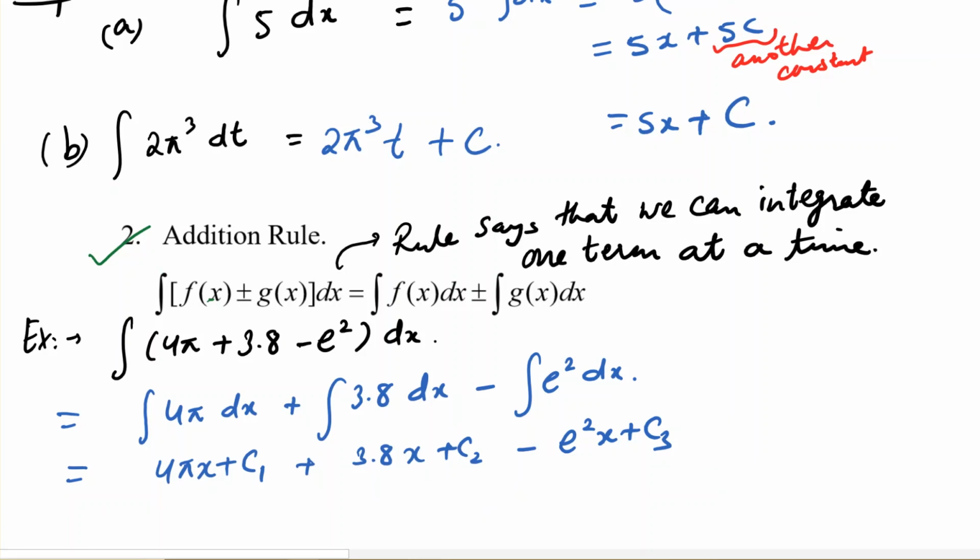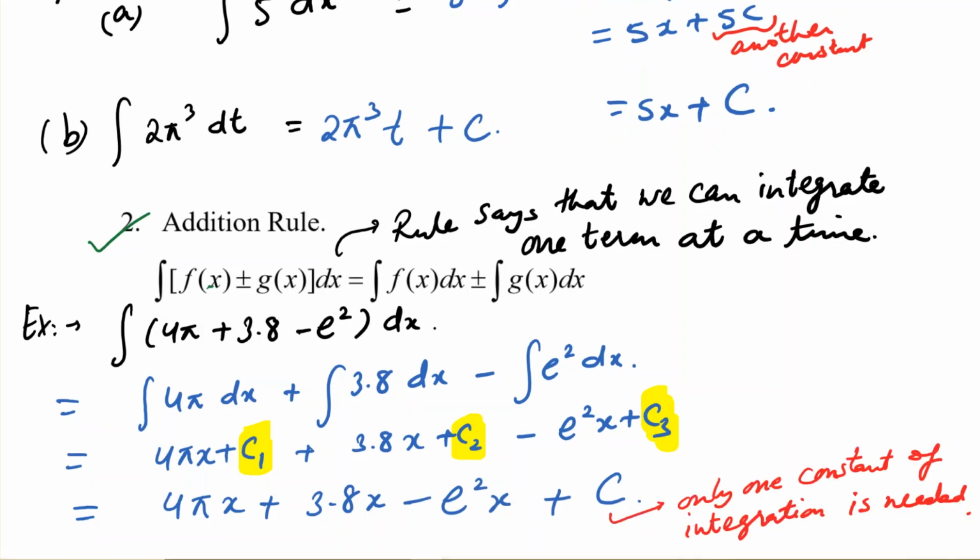Then you can combine all the constants together, c1 plus c2 plus c3, and write that as a single constant c. So 4 pi x plus 3.8 x minus e squared x plus c. So only one constant of integration is needed.